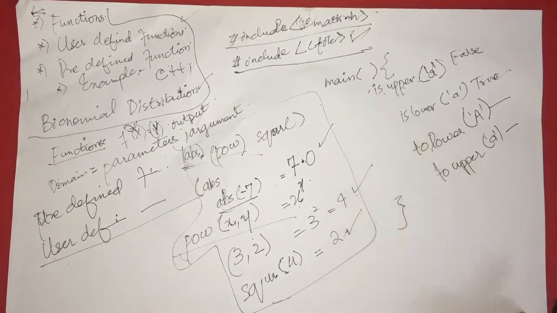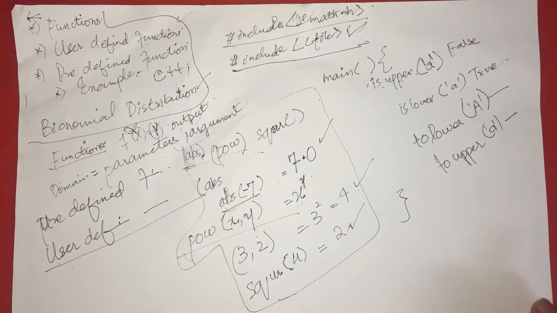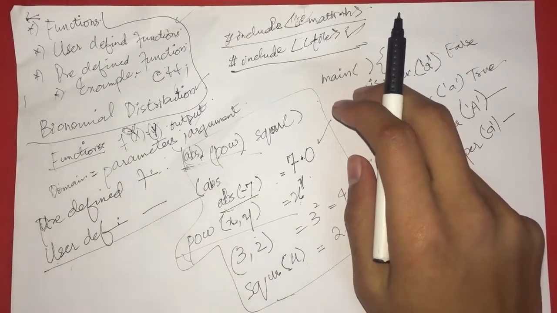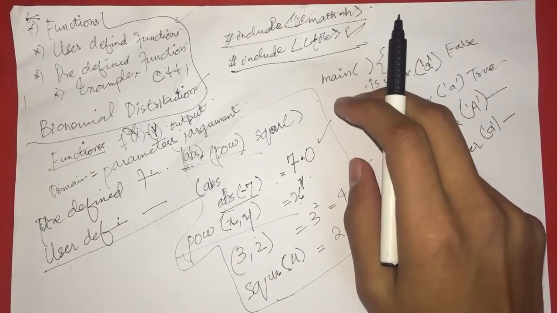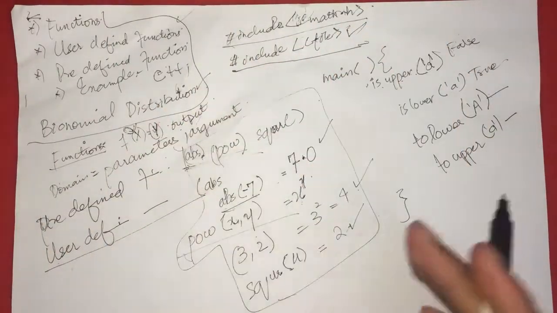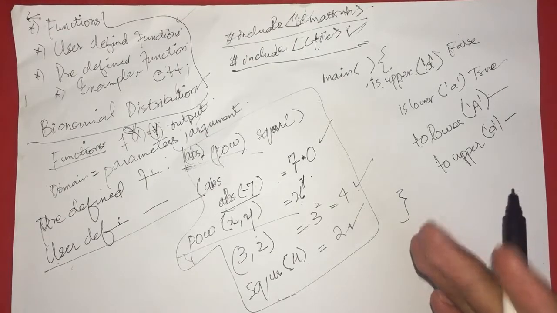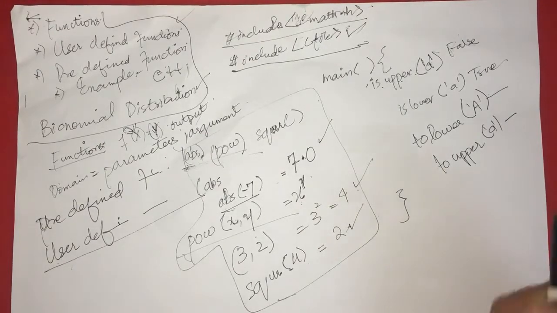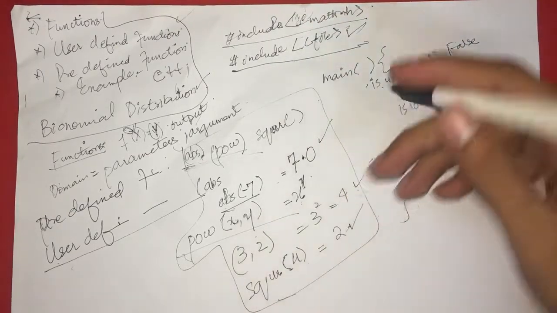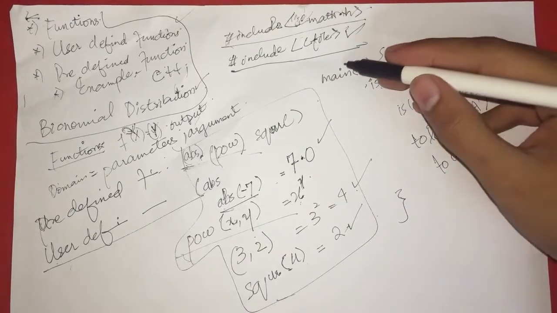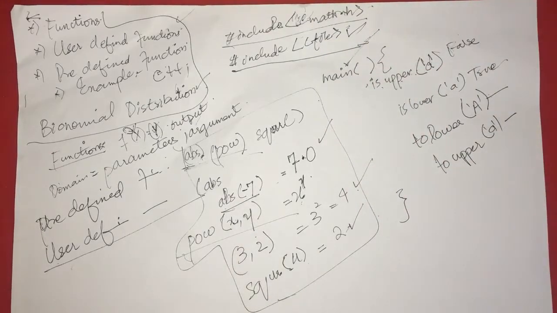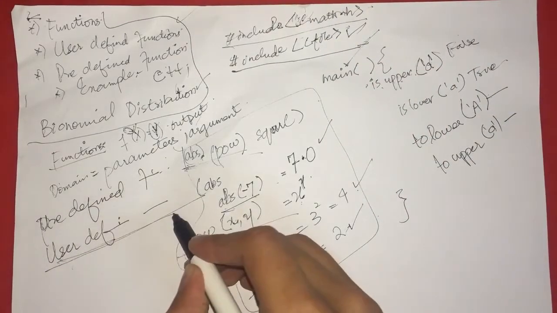A compiler always executes the main function first, and then it comes towards the other functions. For example, if you have two or three functions in your C++ program, the compiler will first come to main, and then to the different functions you have declared. Those will be user-defined functions.